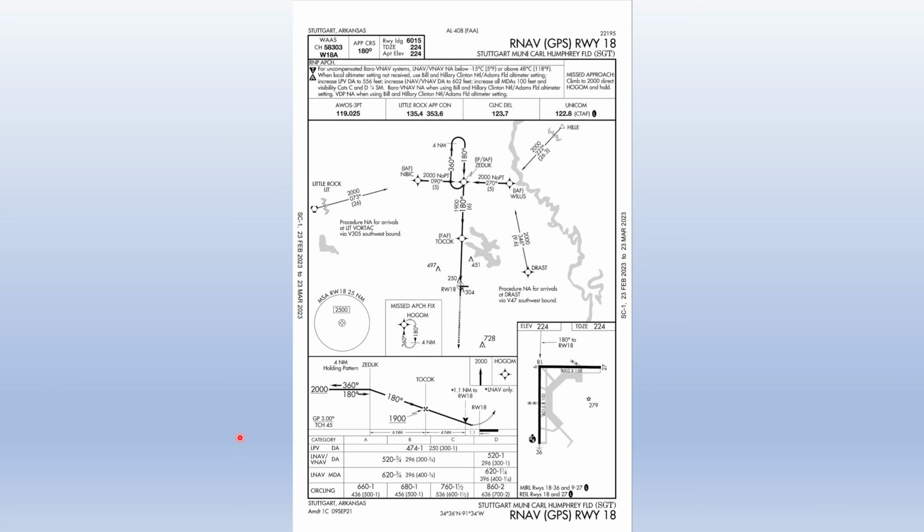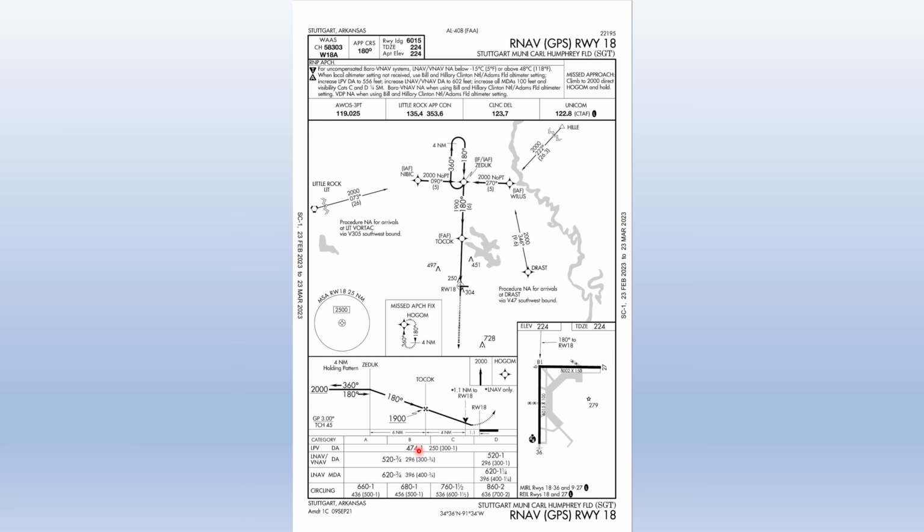And looking at minimums for an RNAV approach, they look a little bit different. We know that an LPV or an LNAV with VNAV has a decision altitude, but then an LNAV that has no vertical guidance is going to have an MDA, and they put that out pretty plainly in the minimums here. Otherwise, it just reads like any other minimums.